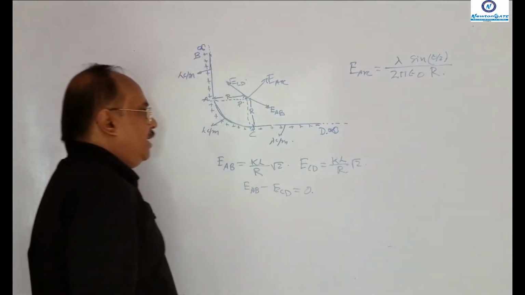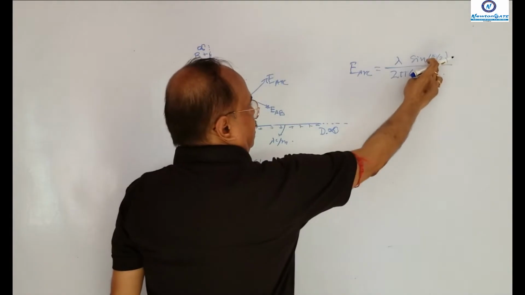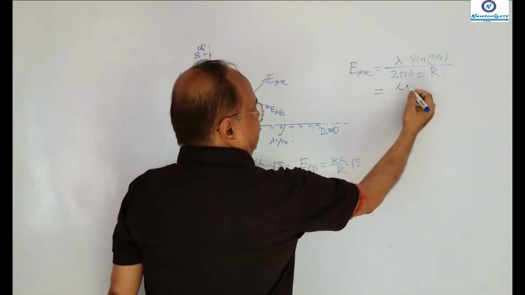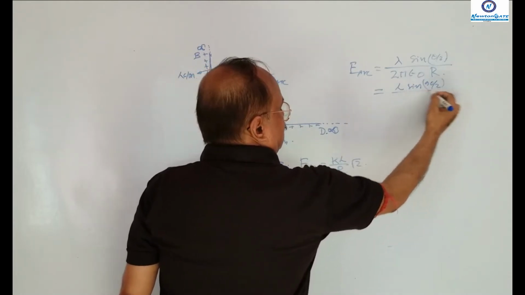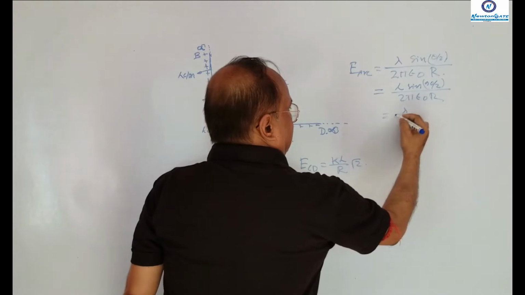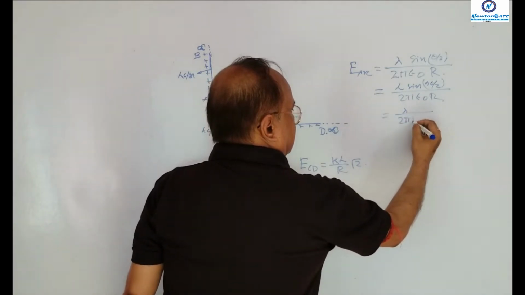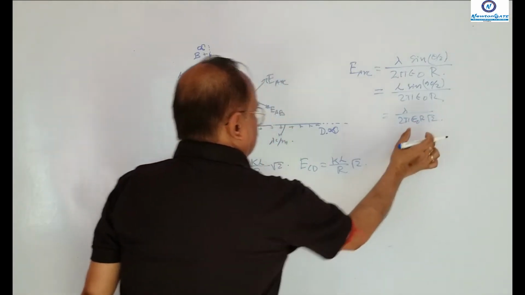Here you know this angle is 90 degree. So you put in 90 degree, that means it will be lambda sine 90 by 2 pi epsilon naught r, which equals lambda by 2 pi epsilon naught r into root 2. So this will be your answer.